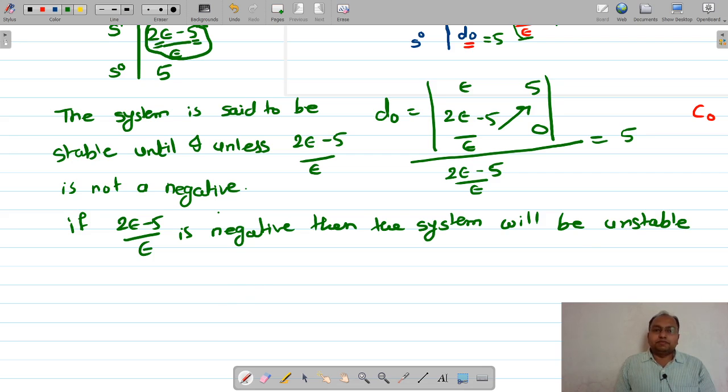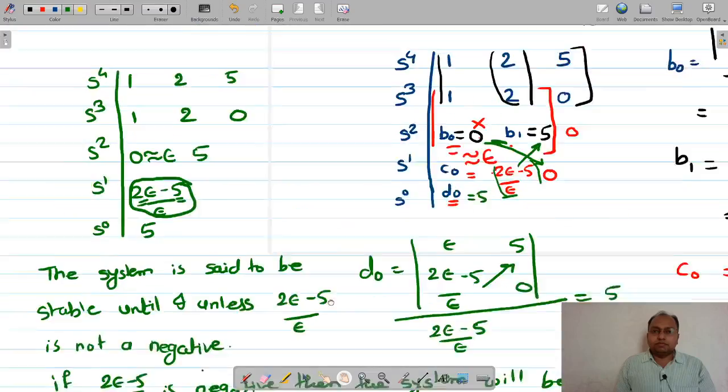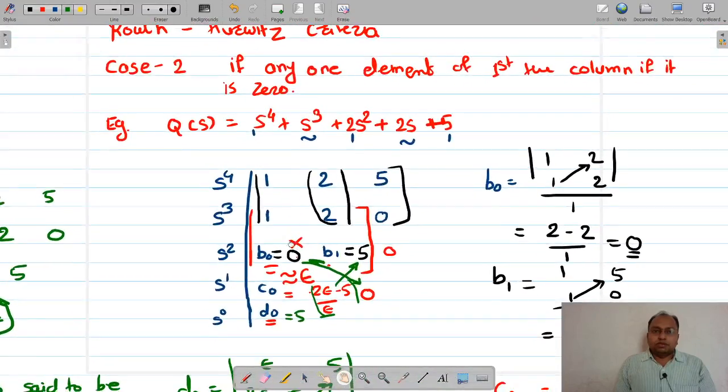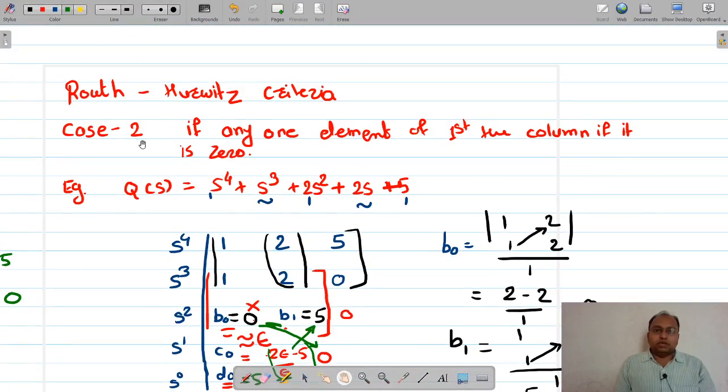Is that fine? Hope the things are clear to you people. So this is case number 2 for the Routh Hurwitz criteria. If one of the elements of the first row of this particular Routh array is 0, then we have to go for different techniques. We cannot solve it as we did in the previous example.